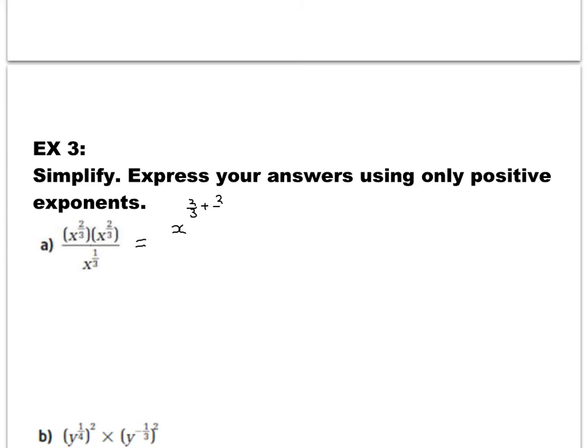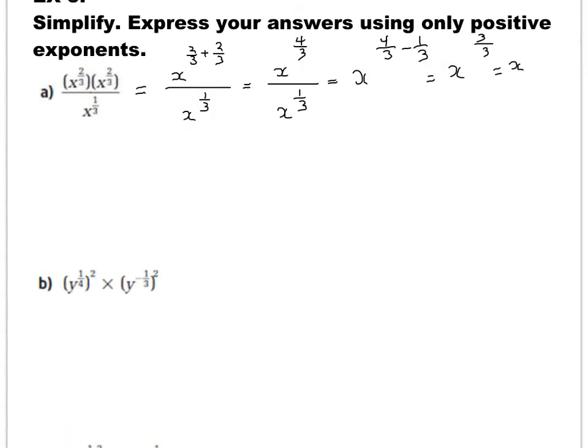So we get x exponent 2 over 3 plus 2 over 3, divided by x exponent 1 over 3. 2 over 3 plus 2 over 3 gives us 4 over 3, over x exponent 1 over 3. Since we are dividing the same base, we can subtract the exponents. The denominators are the same, so subtracting the numerators we get 3 over 3, which is x.